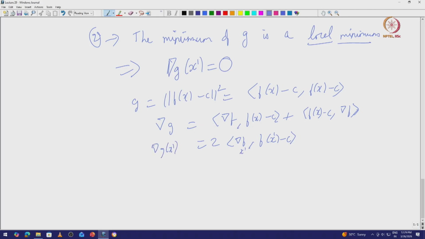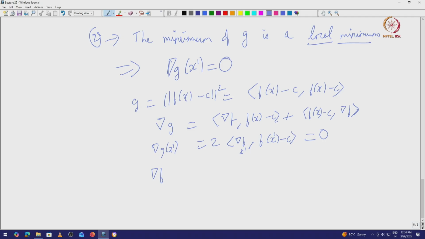This is 0, right? Now this is not quite the gradient of f. Technically speaking, it's not really a good idea to call this the gradient of f. It's more like the derivative of f.